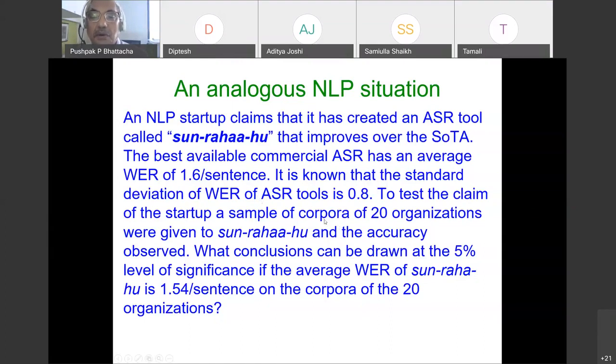So all I have is the population average of 1.6, the sample average of 1.54, and the population standard deviation is known, which is 0.8. Okay, these are the numbers that are in front of me.